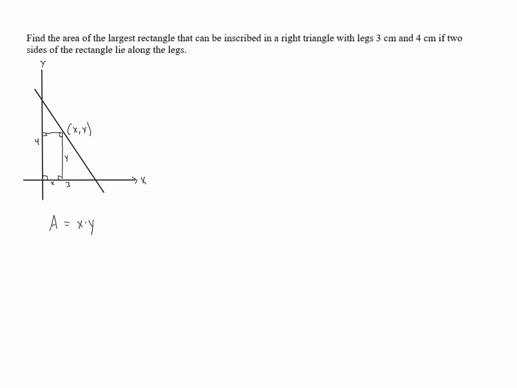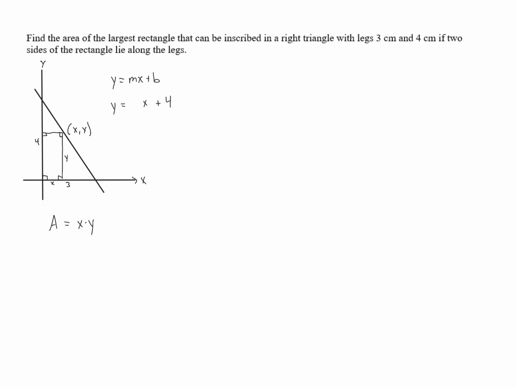So if we look at this, we notice that it has a y-intercept of 4. So we know we can put this in y equals mx plus b form, slope-intercept form. If we know the slope and the y-intercept, we do know the y-intercept. The y-intercept is 4, so that's good. We just need to figure out the slope.